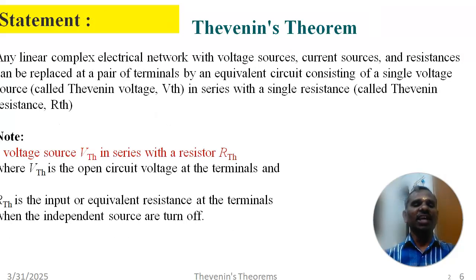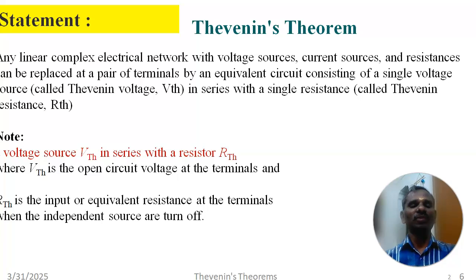Statement. Any linear complex electrical network with voltage sources, current sources and resistances can be replaced, at a pair of terminals, by an equivalent circuit consisting of a single voltage source, which is called Thevenin's voltage, VTH, in series with a single resistance called Thevenin's resistance.